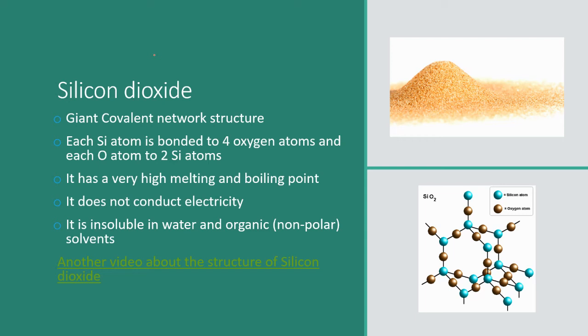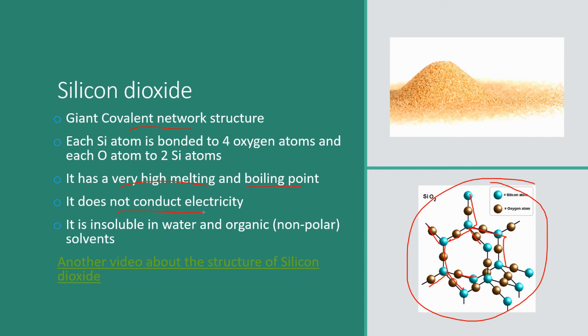Silicon dioxide is sand or silica, and each silicon atom is bonded to 4 oxygen atoms, and each oxygen atom to 2 silicon atoms. So you get this network. If you have a look at this picture, this 3D tetrahedral network goes on infinitely in different directions, forming a very strong network of covalent bonds, so it has a very high melting point and boiling point.